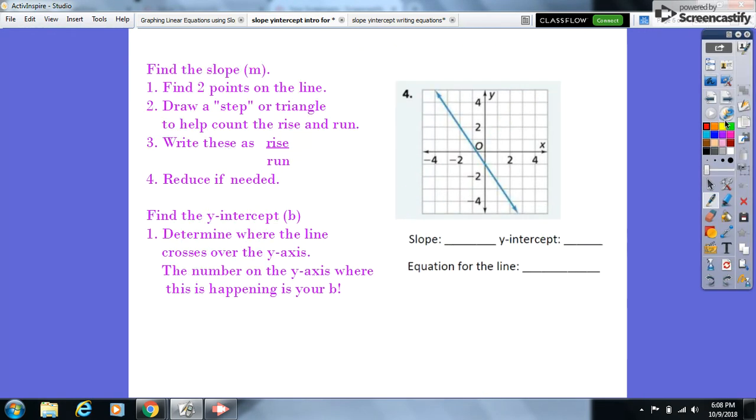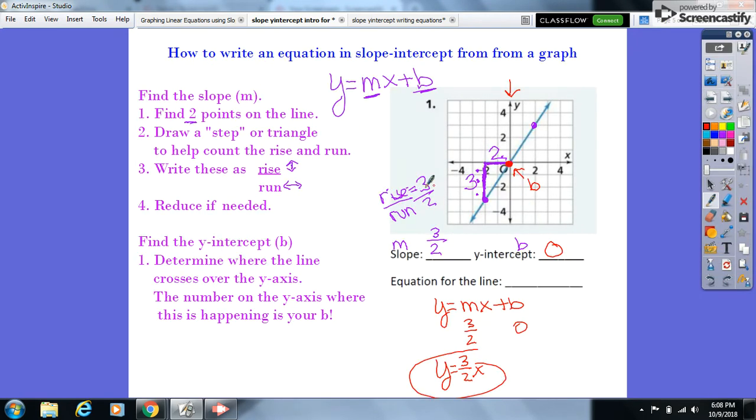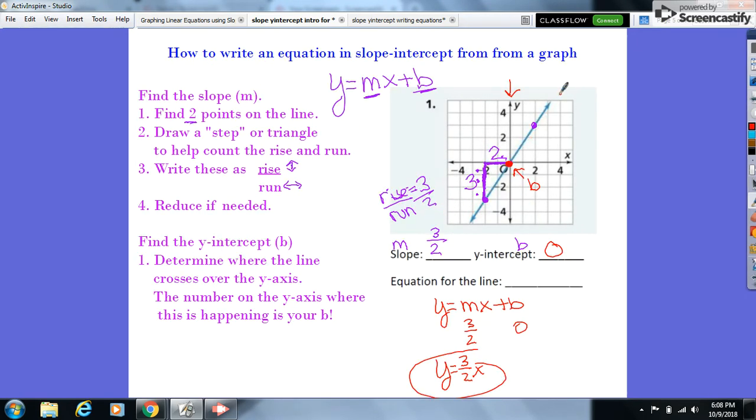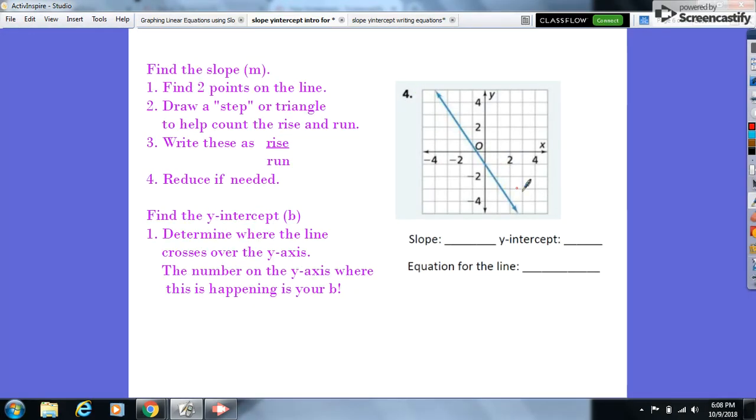Let's take a look at another one. A difference I hope you notice about this line and the line before is that the line before, if I look at it from left to right, is going towards the ceiling. It's moving up. Well, this line from left to right is moving down, which means that our slope is going to be negative.